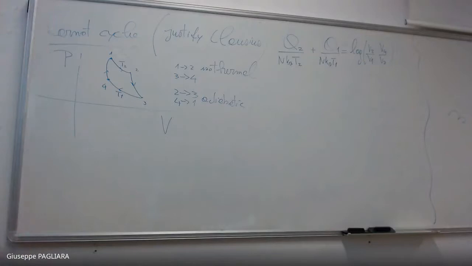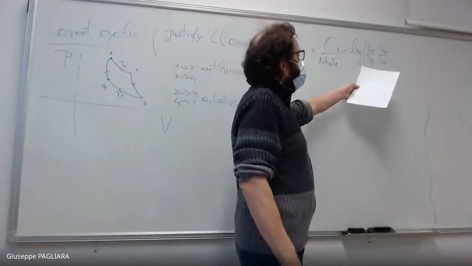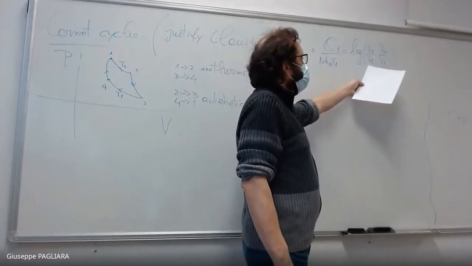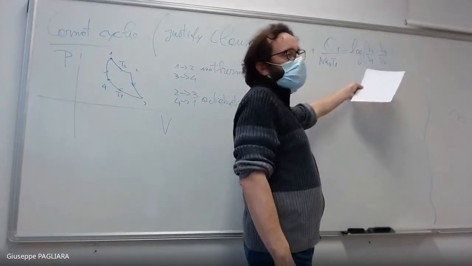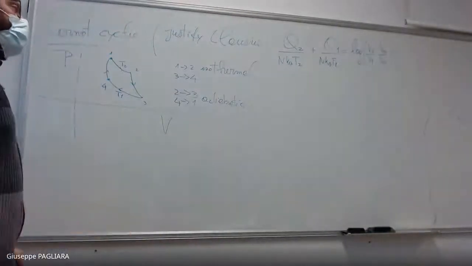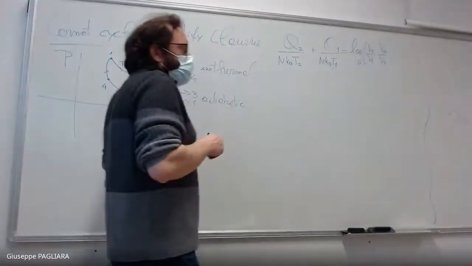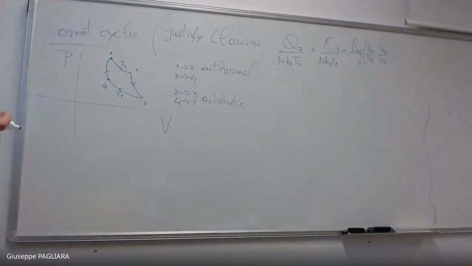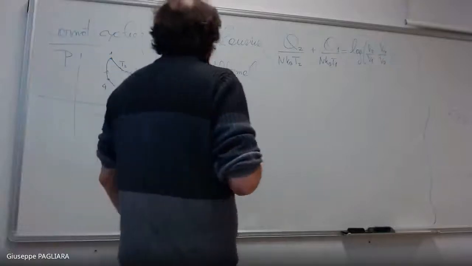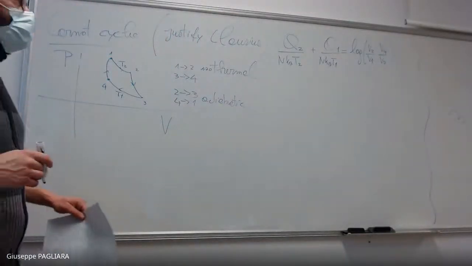Now, what I'm going to show in a moment is that the argument of the log is equal to 1, and therefore this log is equal to 0. Okay? To do that, I need to remember another law, which is useful to refresh, the law of adiabatics, that we can derive later on.